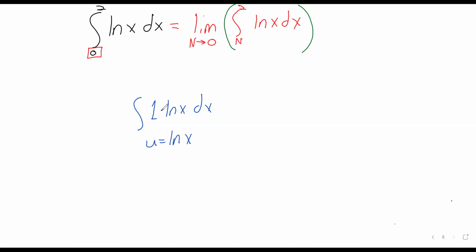Then u will be the natural log, and dv will be 1. Ordinarily, we'd like the function not to become worse when we integrate, when we're doing parts, but it's going to be compensated by the fact that the derivative of the natural log is so much nicer than the natural log.